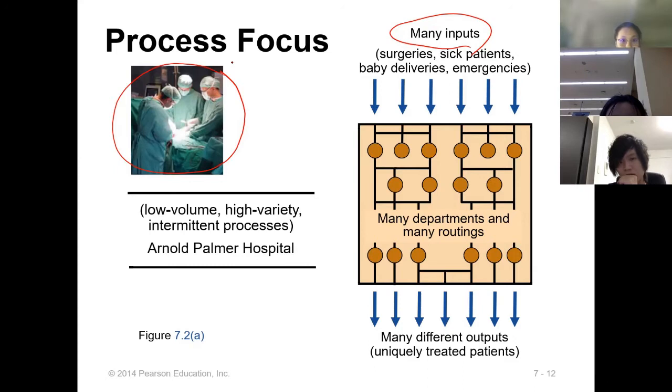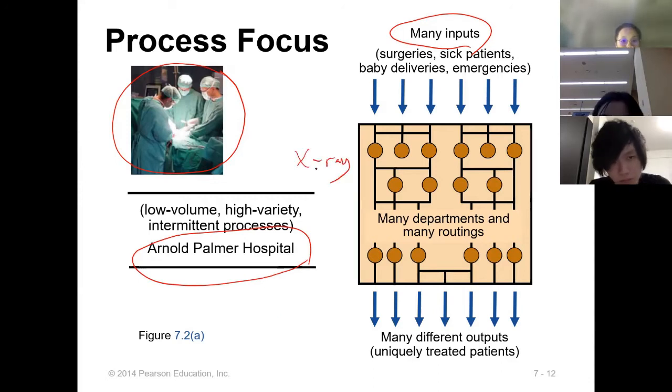Some are just mild, so they go through different processes. Same in any kind of hospital. It is actually process focus. Some need to go to the X-ray, some don't. Some have to do blood tests. So this is a very good example of process focus.